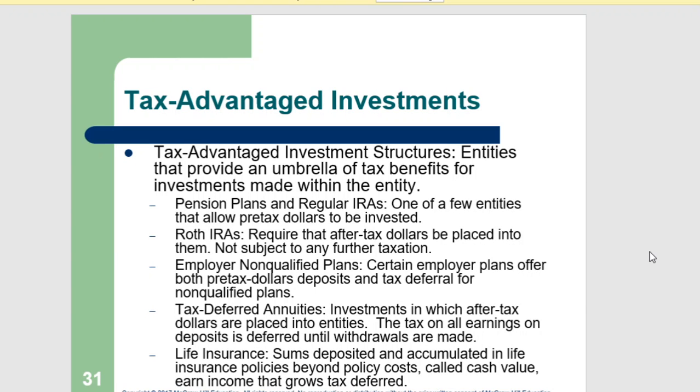There are also some investments that are tax advantaged by statute, and there's a bunch of them. There are investments that have tax advantages, and there are structures that have tax advantages. We've sort of been dancing around the structures already. There's a bunch of pension plans that have the tax advantage structure, where you contribute pre-tax money: qualified pension plans, traditional IRAs, individual retirement accounts. Those all allow pre-tax dollars to be invested.